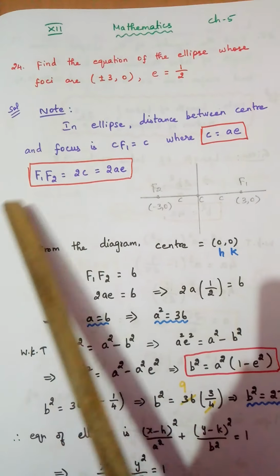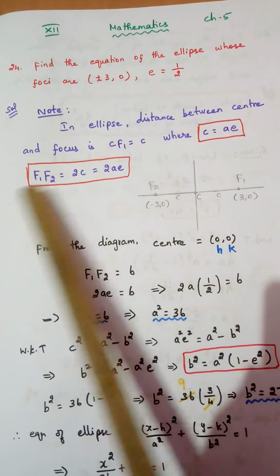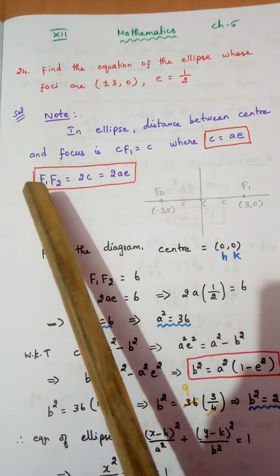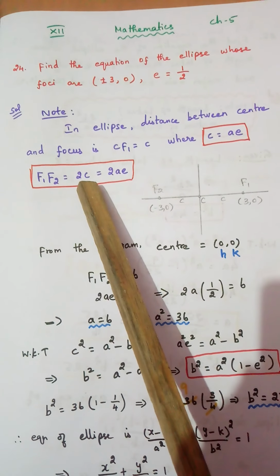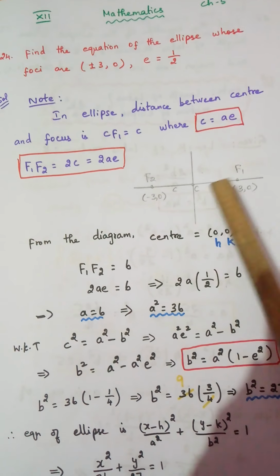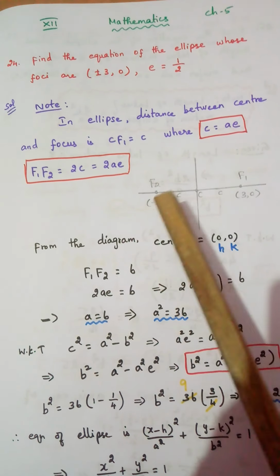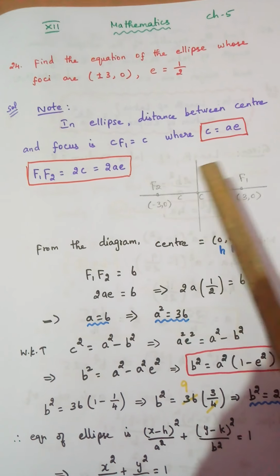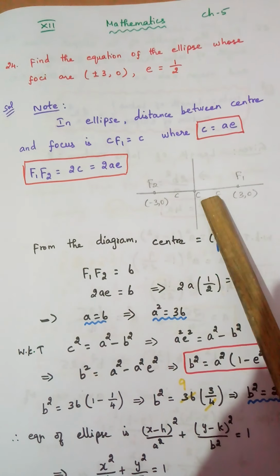The second one that we have to know is F1F2, that is the distance between focus 1 and focus 2, which is given by 2c. If you see this diagram, you can understand. This is center, this is focus 1 and this is focus 2. Center to focus, what is the distance? c.